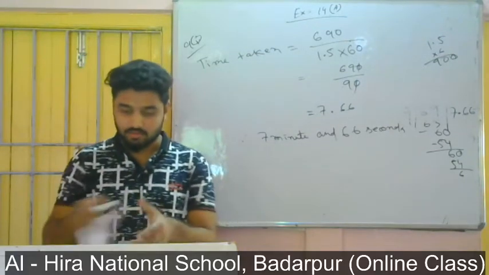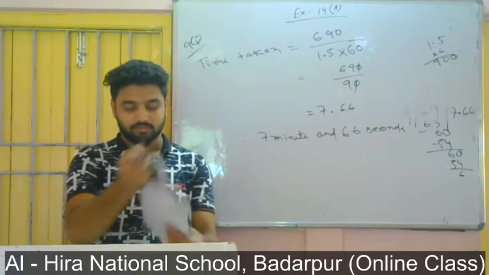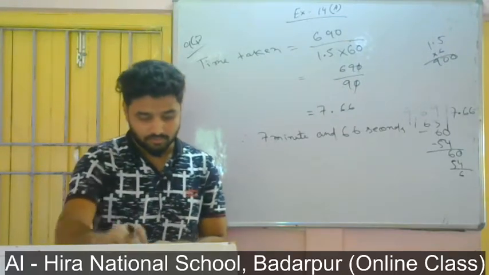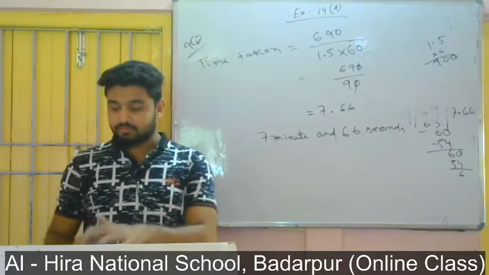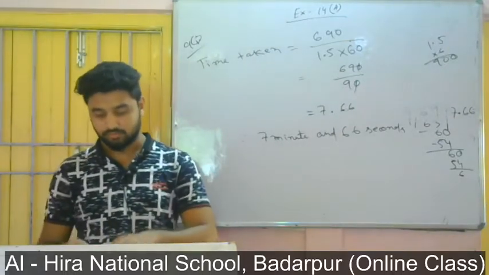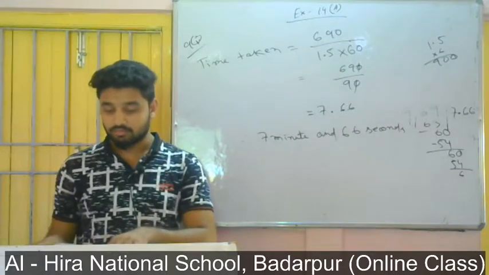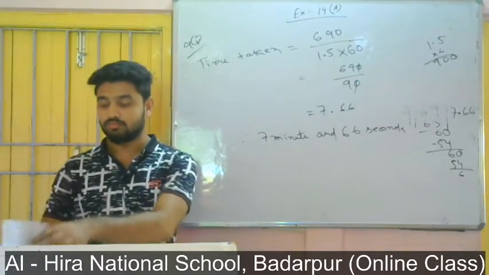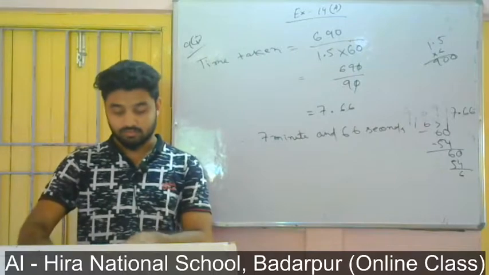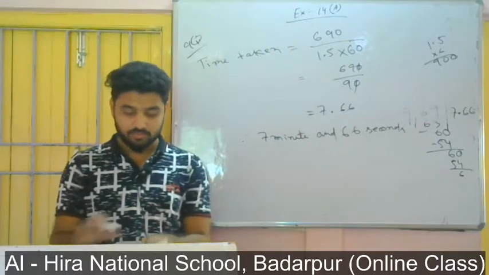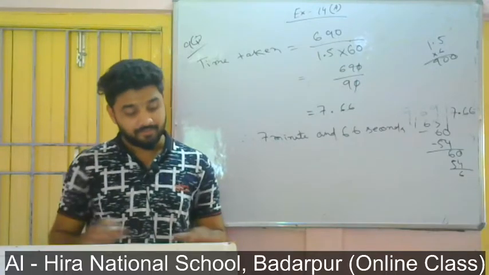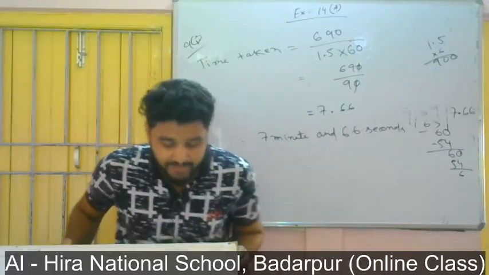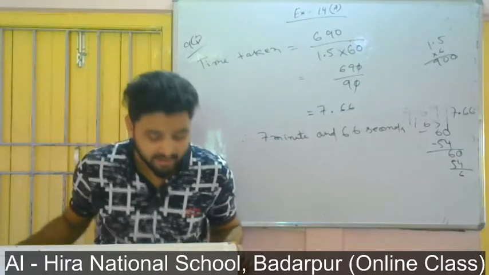10. Okay, question number 10, you see, two plots of land have same perimeter.